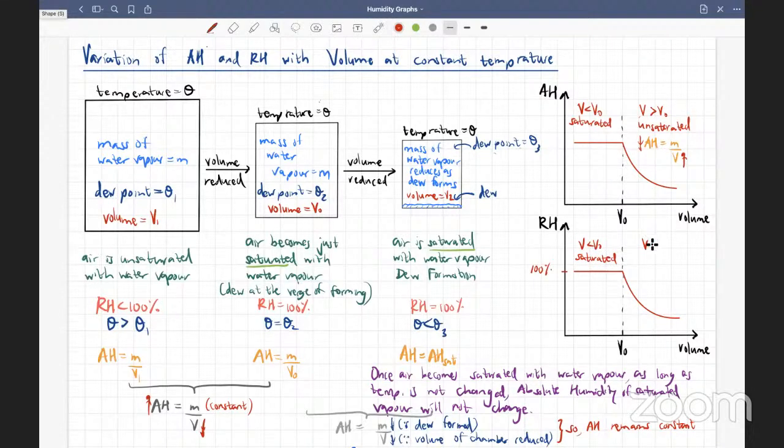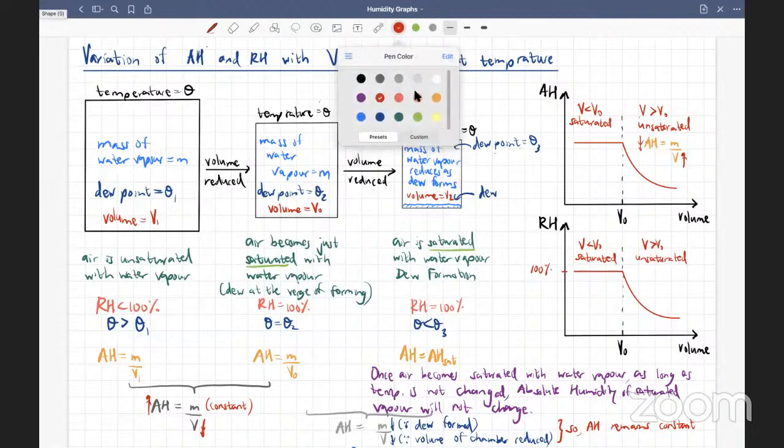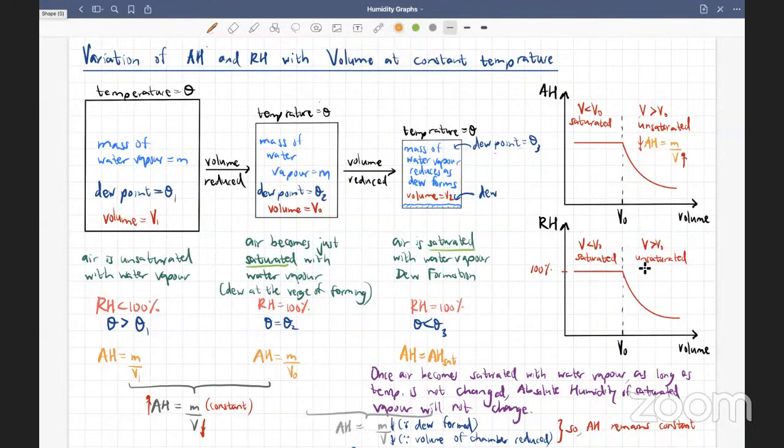And when volume is greater than V naught, it is unsaturated. And what is the equation for RH? Listen carefully. RH is equal to AH over AH saturated, into 100.